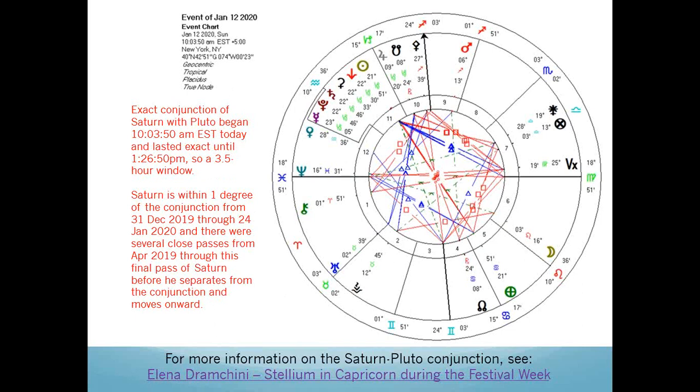So we need to destroy that which hasn't worked. What its ramifications are going to be, we don't know. There are some talks that it's been 500 years since the two of them were conjoined. But when they were opposite each other, that's when we had 9/11, because they're very, very powerful. I am sure that what we just saw happening in Iran is a result of this energy and the way in which it was used.